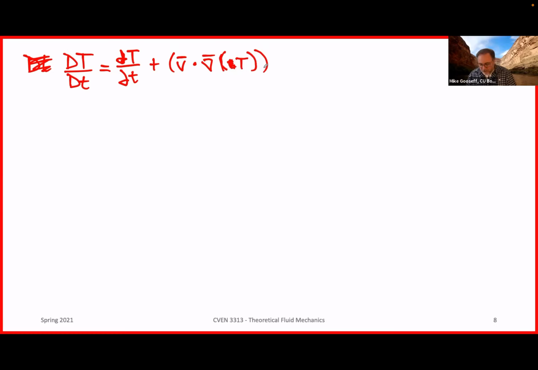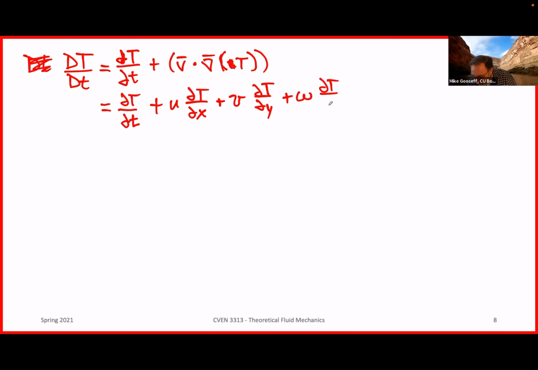Okay, now if we expand this out, as we had done 3 or 4 slides ago, the local derivative would stay the same, and then we would break the convective derivative up into 3 components. So u del T del x plus little v del T del y plus the lowercase script w, del T del z.